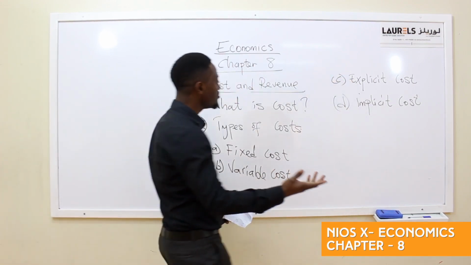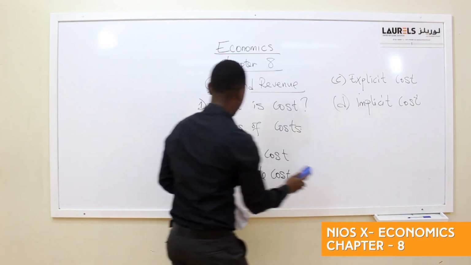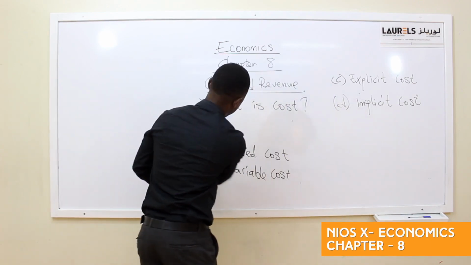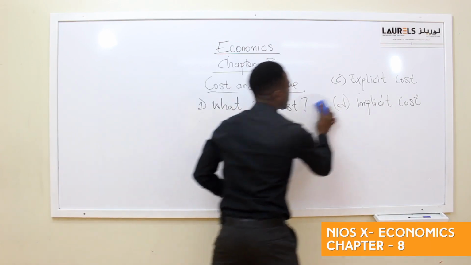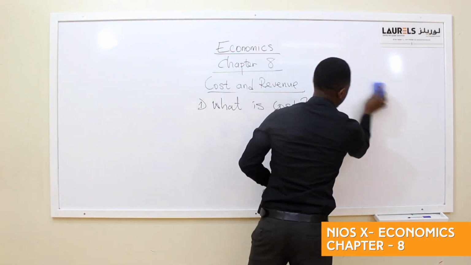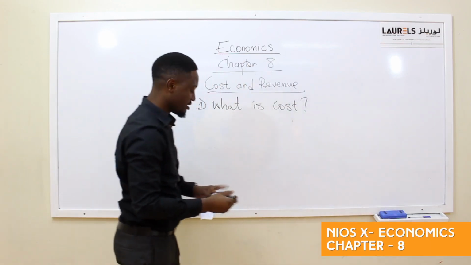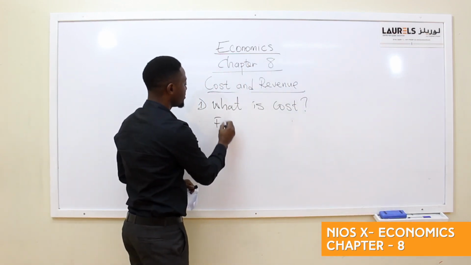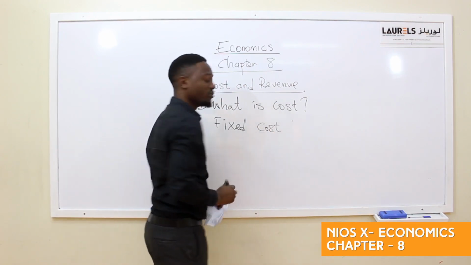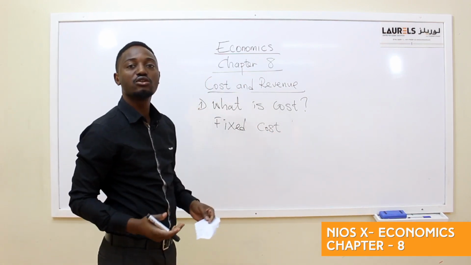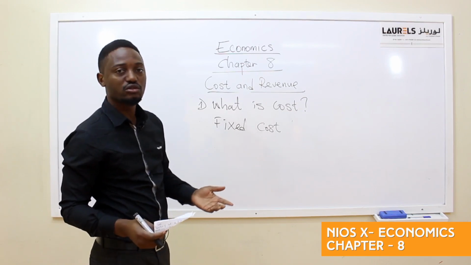So what then do we mean by the fixed cost? What is the meaning of fixed cost? So we already said costs represents the money expenditure which we incur when we produce goods.